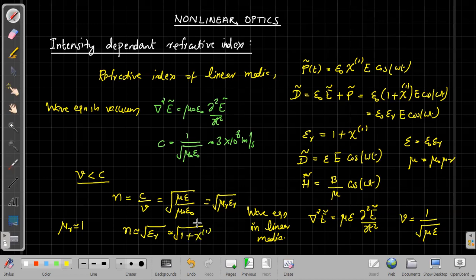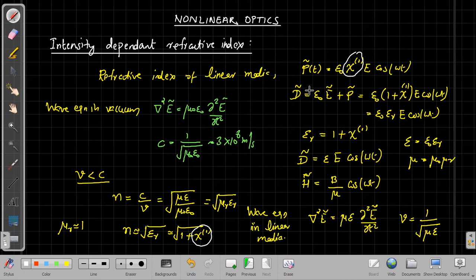If you write the polarization with the term epsilon 0 chi 1 E cos omega t, just look at the linear term of the polarization, and the corresponding susceptibility is chi 1. Then the refractive index can be written as the square root of 1 plus this constant chi 1. The chi 1 here is the same as the chi 1 there.